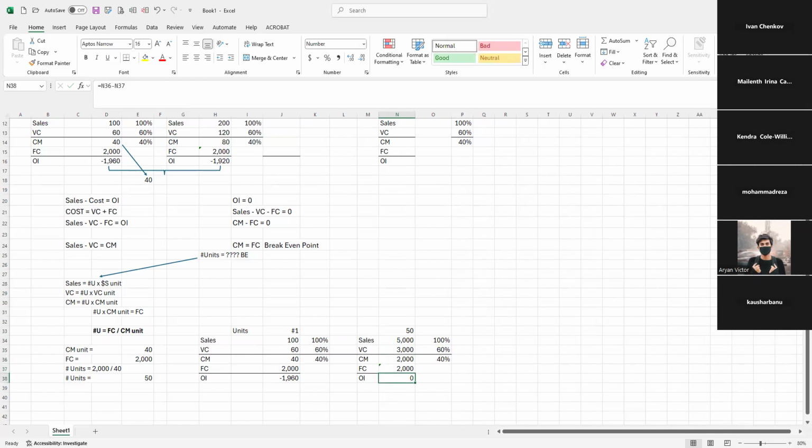My operating income is 0. Did we get what we wanted? Yes. So obviously this formula works. So let's highlight it, and that will be the first formula that you need to have: how to get the number of units in order to get operating income down to 0, or to get enough sales to cover your cost.